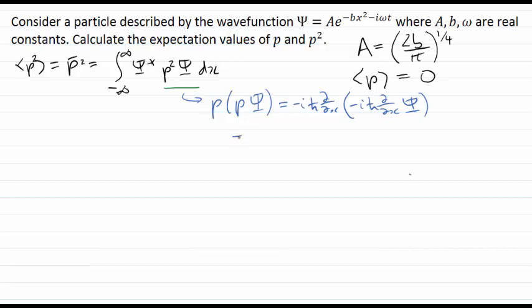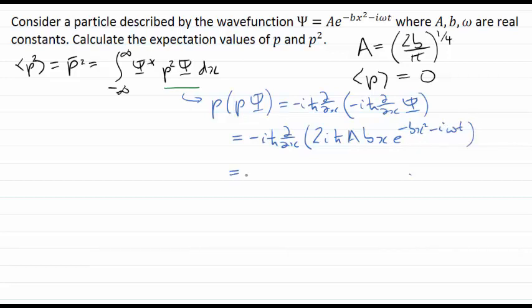If you go back and look at the previous calculation, we've already done p acting on the wave function. We really want here minus i h bar d by dx of that thing we had in our previous calculation, which, if you remember, was 2i h bar a times bx e to the minus bx squared minus i omega t.